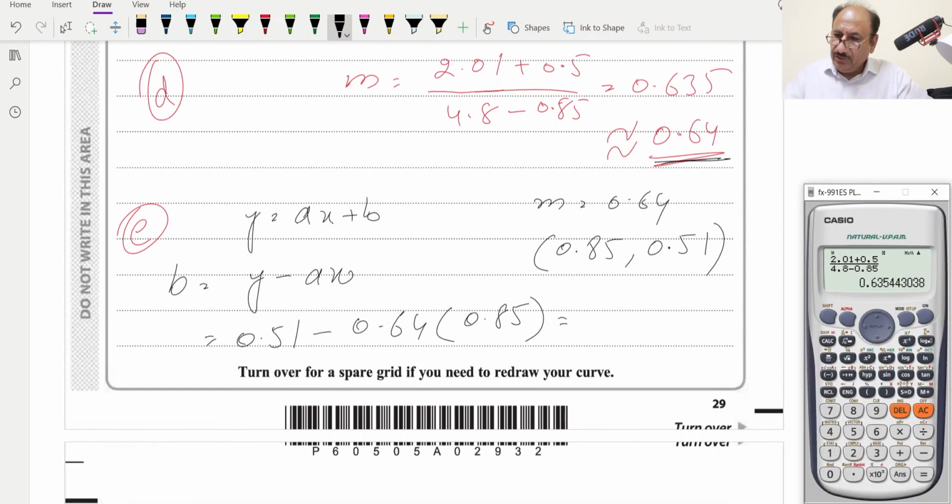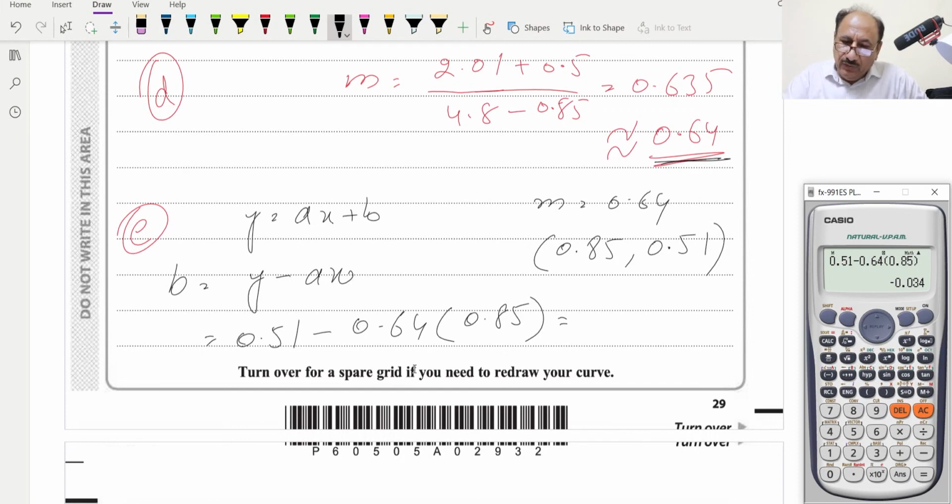We can write 0.51 minus 0.64 into 0.85, and this will be equal to this one.